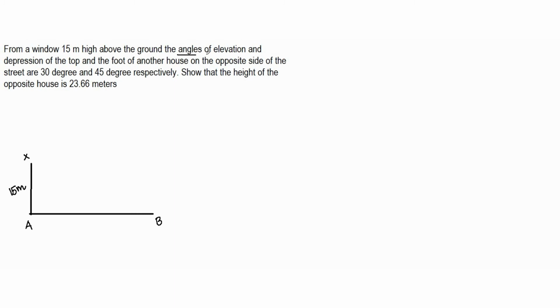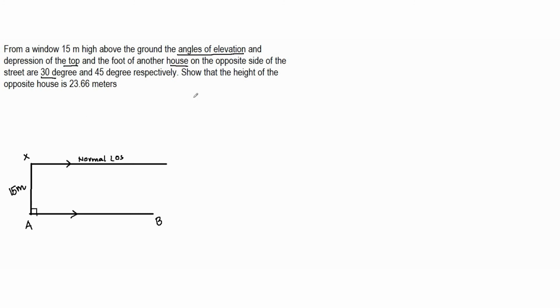The angle of elevation of the top of the other house is 30 degrees, right? That means if you are at the window, the horizontal line is your normal line of sight, and this normal line of sight is parallel to the ground.